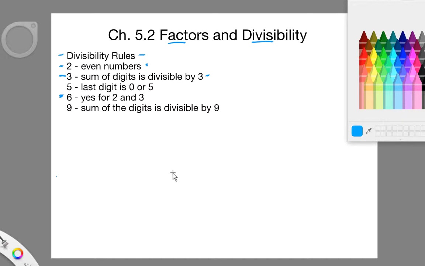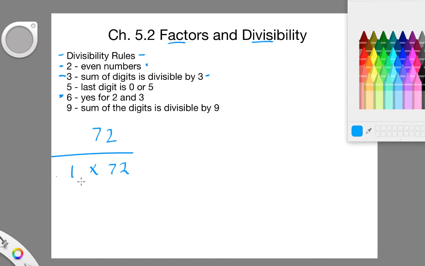Let's look for the factors for 72. Complete the table. 1 times 72. We've got 1 times 72.